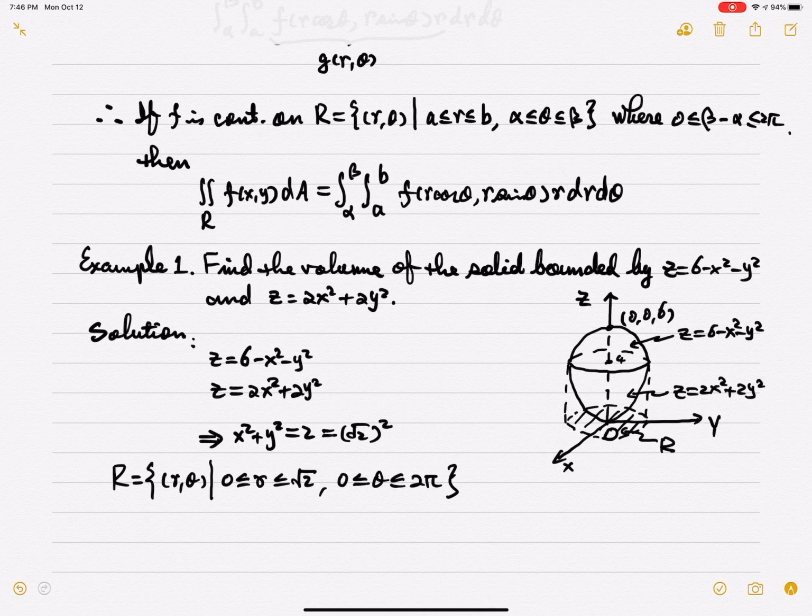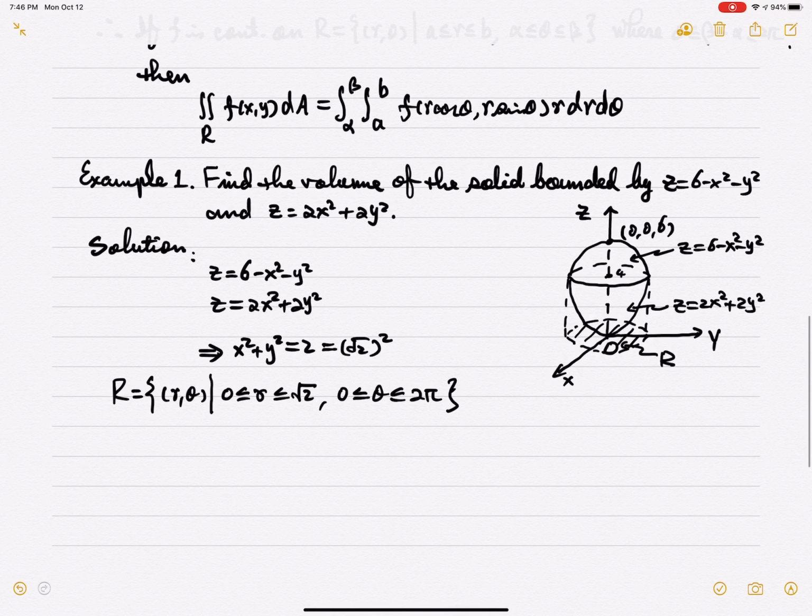So that's this one. Now when we consider the function f(x, y), that's equal to the upper surface minus the lower surface. You can think of it as the volume below the top surface minus the volume below the second surface.